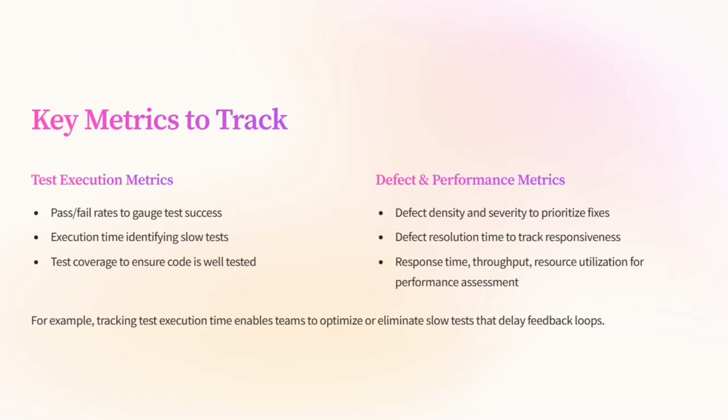Another is the defect and performance metric. Here we can track defect density, defect severity and defect priority based upon the business needs, and also the defect resolution time. We can track responsiveness, and also response time, throughput, and resource utilization for performance testing.